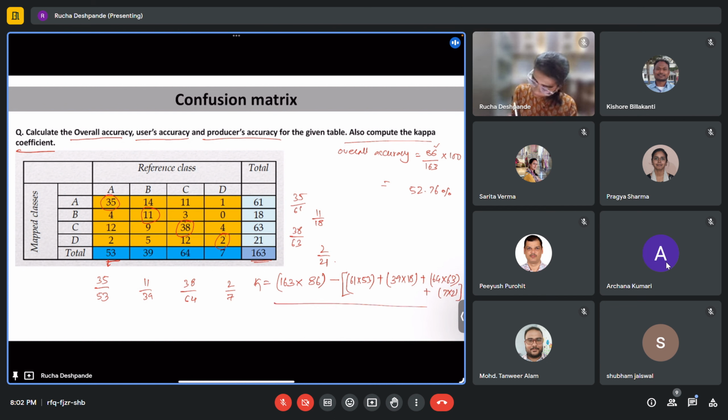And in the denominator we have 163 square minus B. B is equal to, I'm getting 8114. So the value of this kappa coefficient is 0.3199.